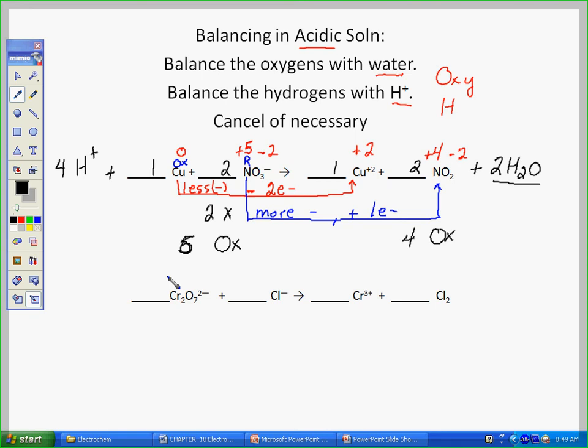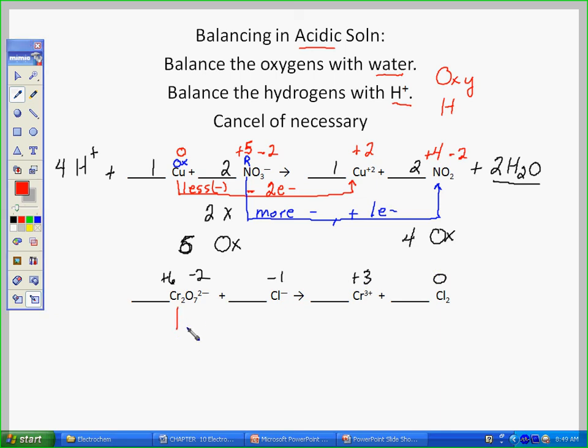Now let's try the next one. Again, the first step is to assign oxidation states. So we have +6 and -2, -1 for our chloride, since it's an ion, so that's -1, +3, and 0.